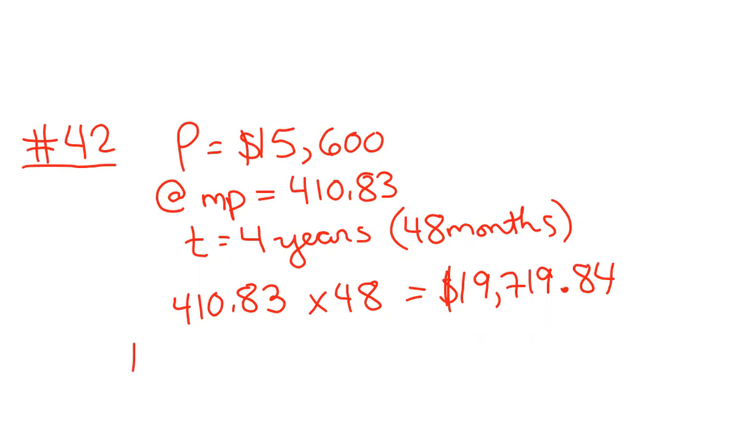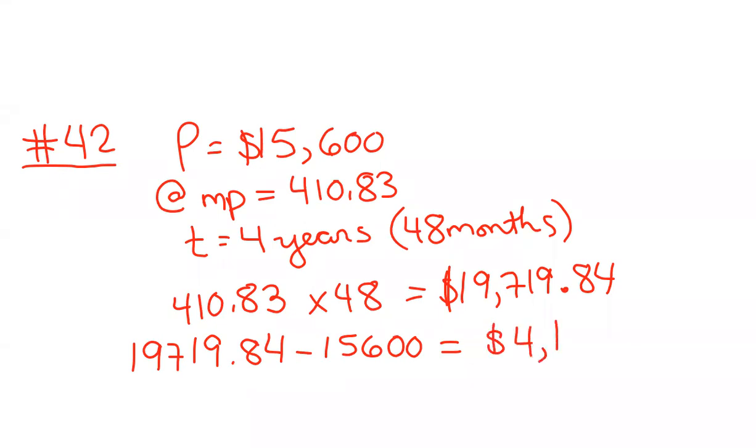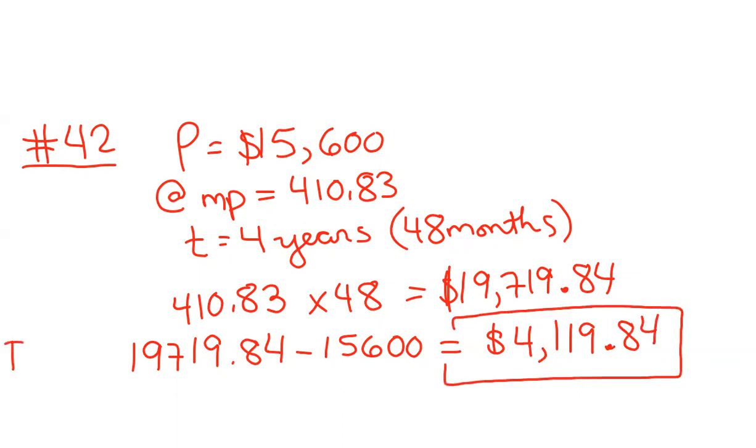The amount of interest then will be to take away the purchase price of 15,600, and then we'll know how much they're charging us in interest, right? So they're charging us a total of $4,119.84 in interest.